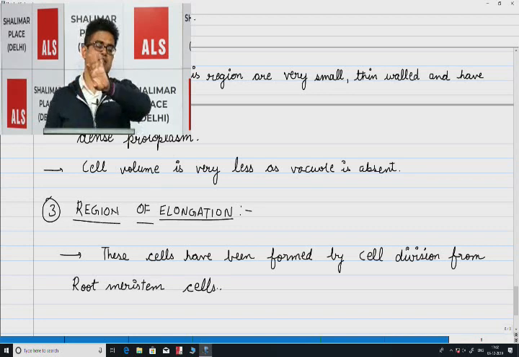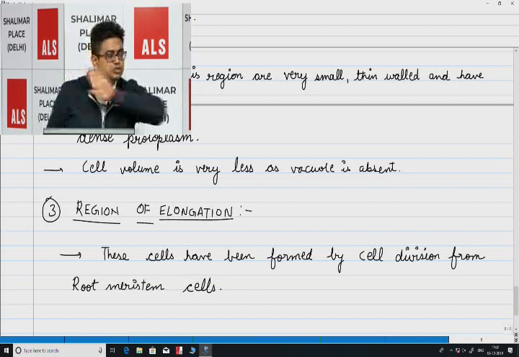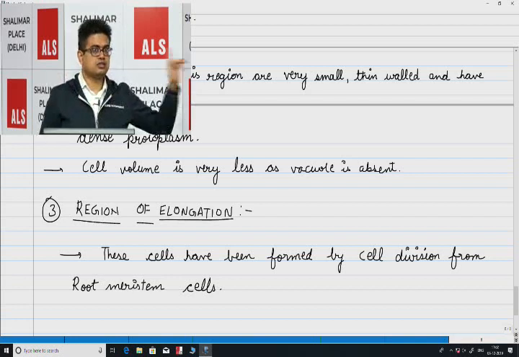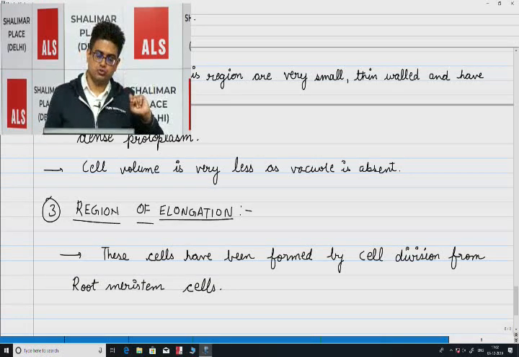Root meristem cells divided and pushed some cells to the back. These cells are of the root elongation zone.